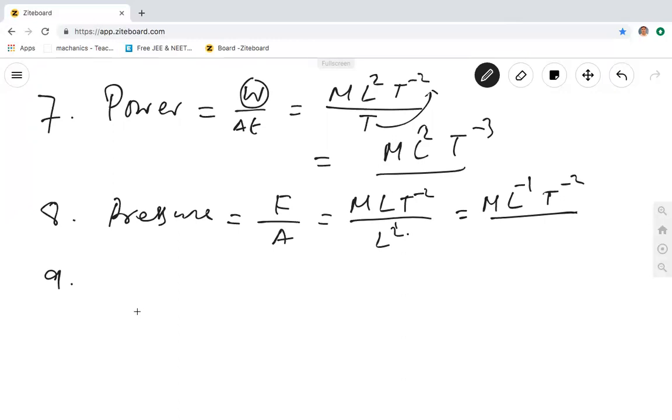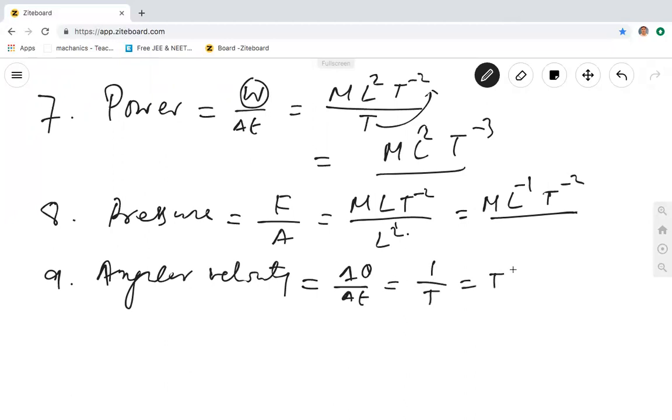Ninth. Angle and solid angle don't have dimensional formulas. Let me go to angular velocity. Angular velocity has the definition angle divided by time, and it is just 1 by T, that is T minus 1, because angle does not have dimensions, and whatever does not have dimensions can be replaced by 1, a number. 10th, angular acceleration.